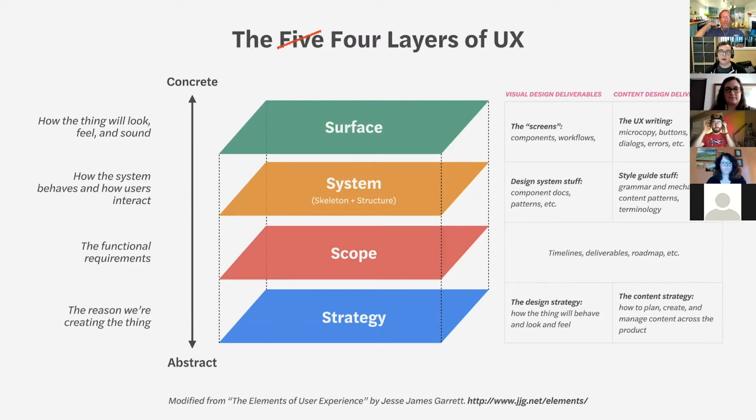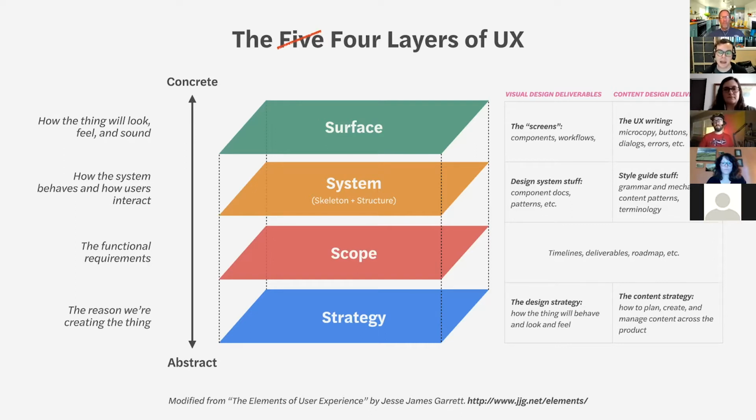But really, there are content design deliverables at every step along the way. We have the content strategy as the base level, the reason, how to manage and plan and create the content across the product. Visual design and content design all have timelines and deliverables and roadmaps. Content design also has system level guidelines. So that's our style guide. We have grammar and mechanics.